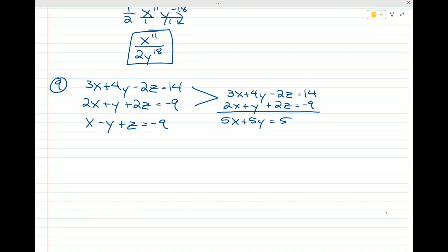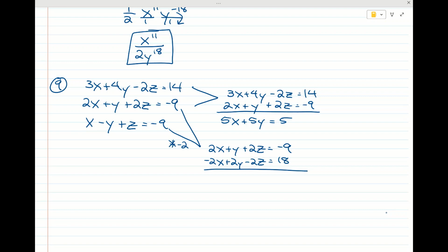And then next, I'll use these bottom 2 equations, and I'll eliminate the z's by multiplying this bottom equation by negative 2. Looks like the x's actually cancel out, and we get 3y is equal to 9, so y would be 3.